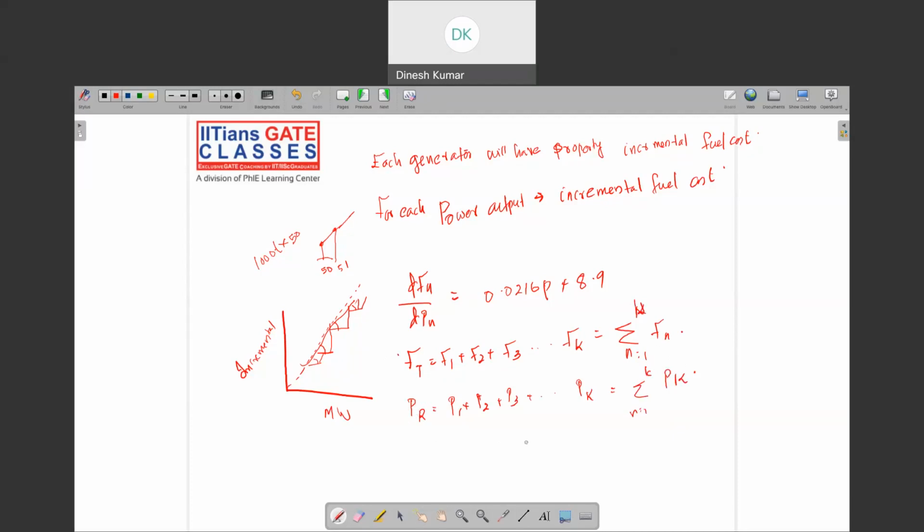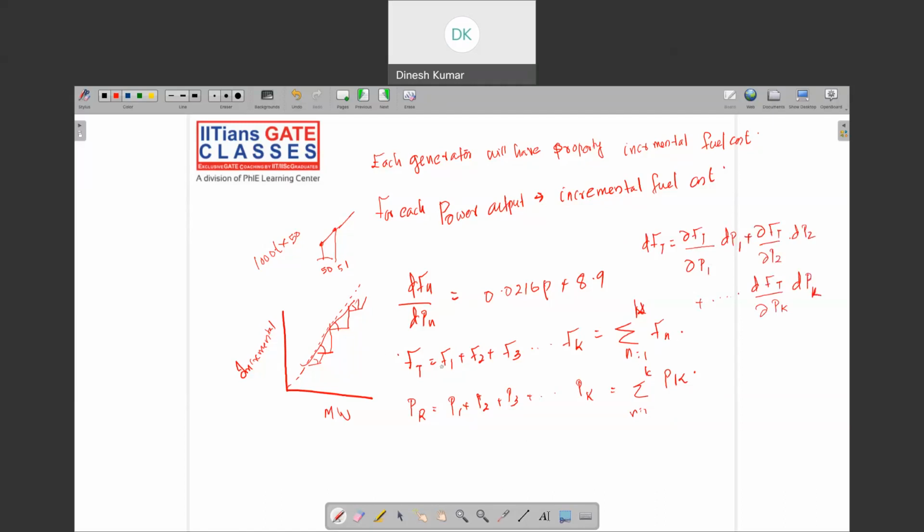So we can write like this now: dFt, the change in fuel cost, will be dou Ft by dou P1 into dP1, plus dou Ft by dou P2 into dP2, etc. up to dou Ft by dou Pk into dPk.